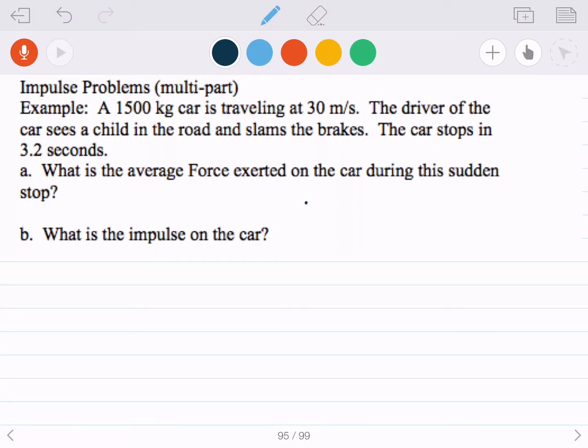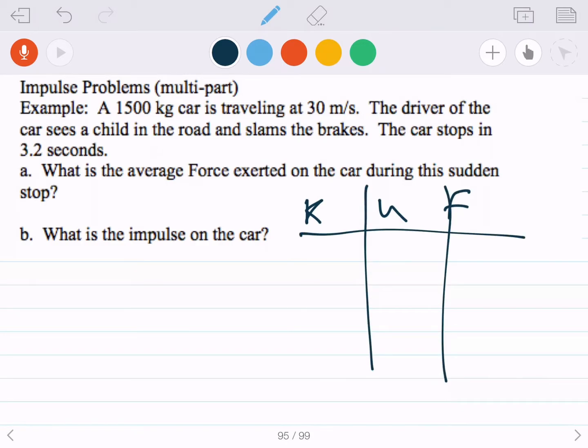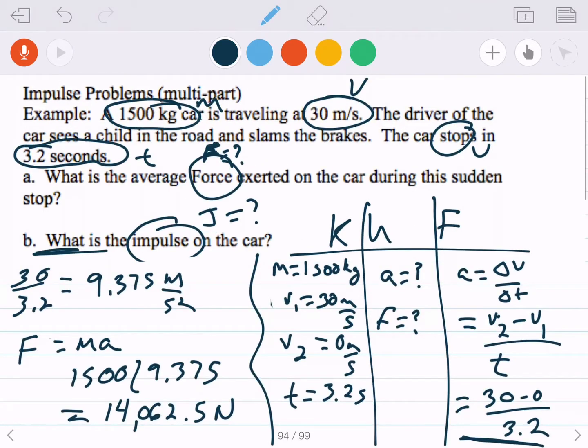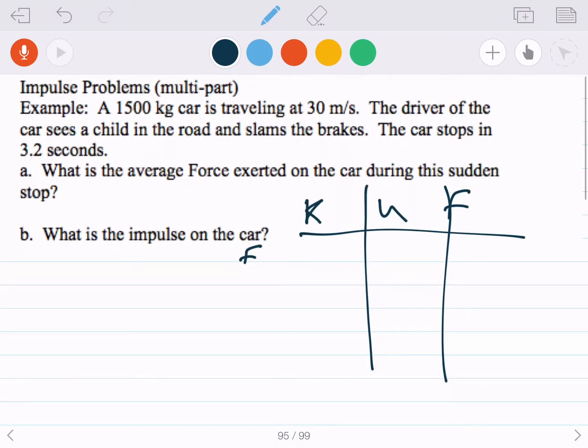What is the impulse on the car? So we still are using the same picture from earlier, but now our KUF: what do we care about? We want the force, which we said was 14,062.5 newtons, and the time equals 3.2 seconds.